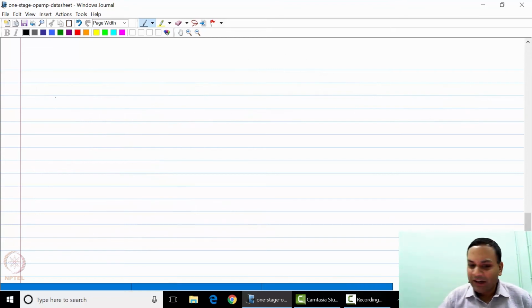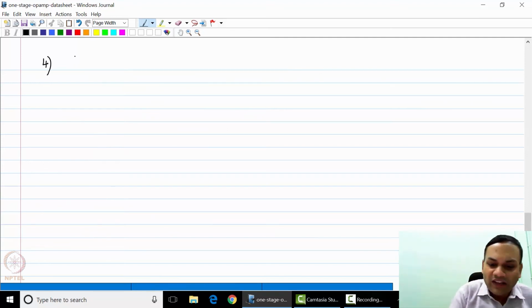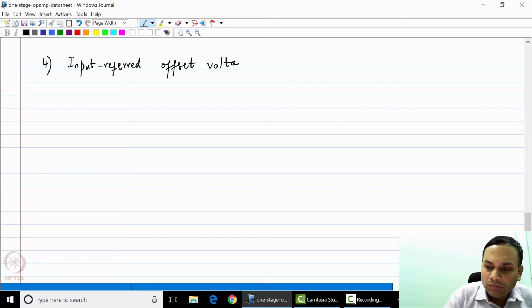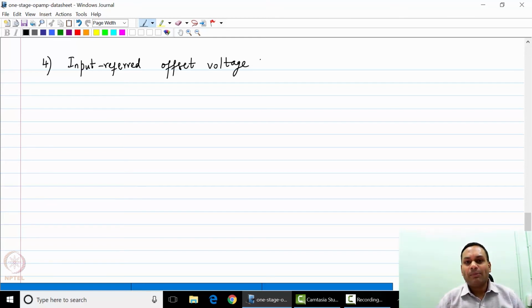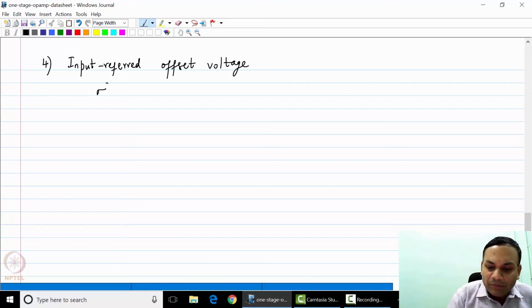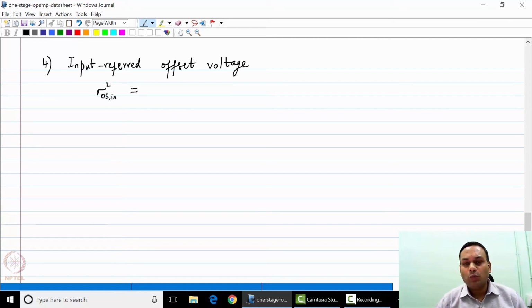The fourth parameter of interest is going to be the input referred offset of the op-amp, which we'll represent as sigma squared OS in. And as we have seen, this consists of two portions.